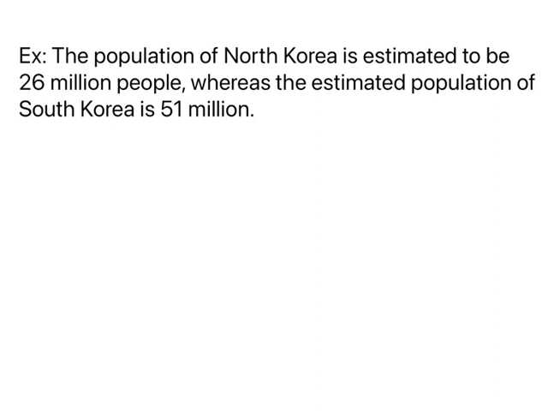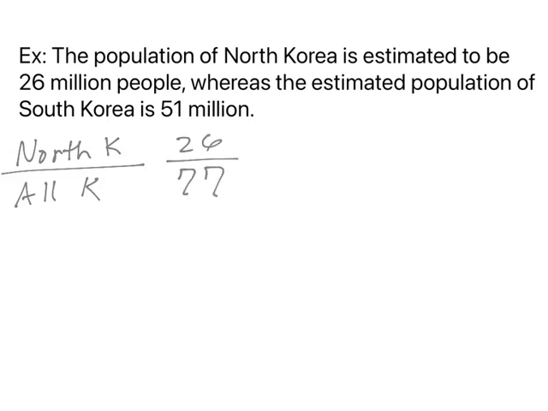The population of North Korea is estimated to be 26 million people, whereas the estimated population of South Korea is 51 million. Now, a couple of things to throw out here. If we would say the ratio of North Koreans to all Koreans, that would be 26 over 77, because 26 plus 51 is 77 total Koreans.